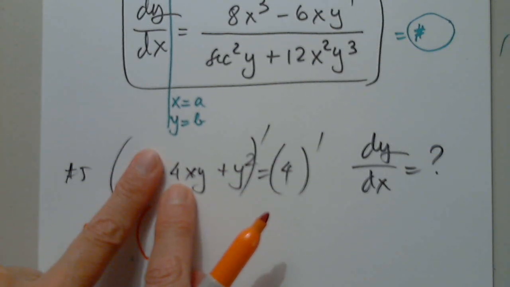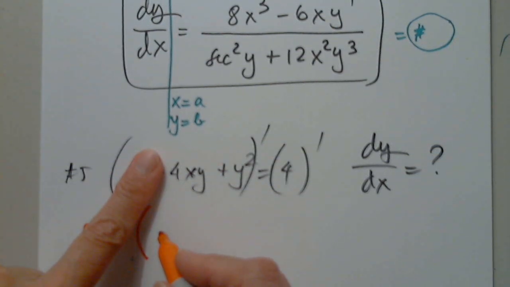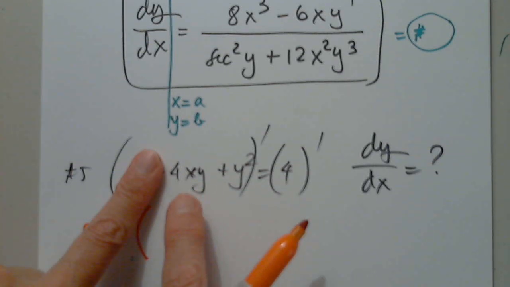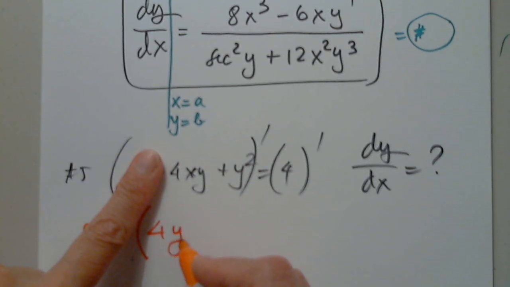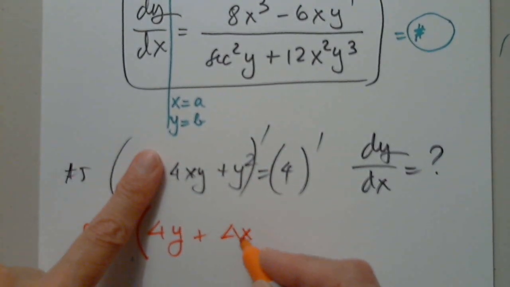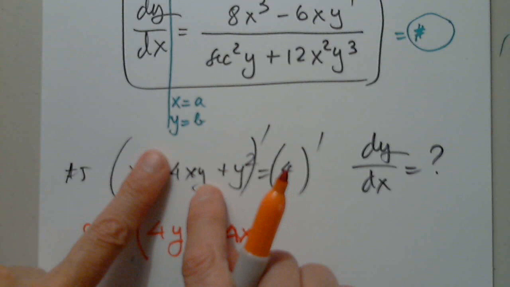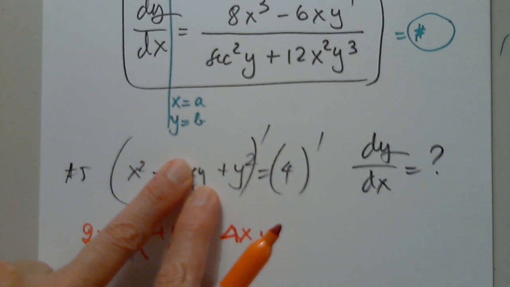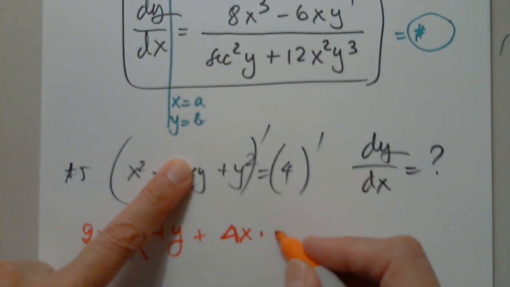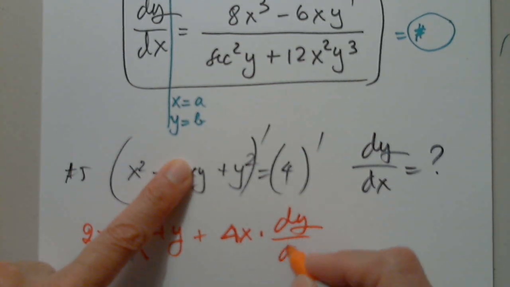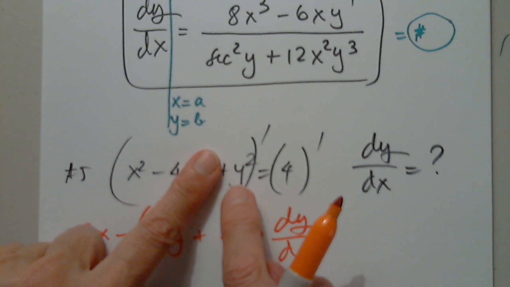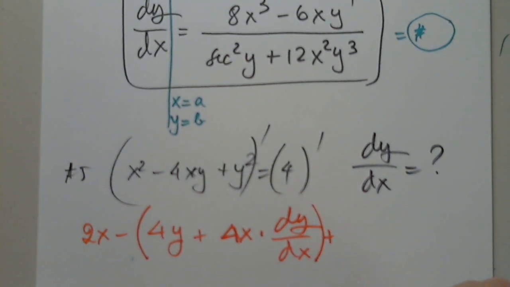The first function prime, that would be 4, times the second function, plus 4x times the second function prime. The second function prime, dy over dx. Thank you very much. Plus y squared, so close the parenthesis.